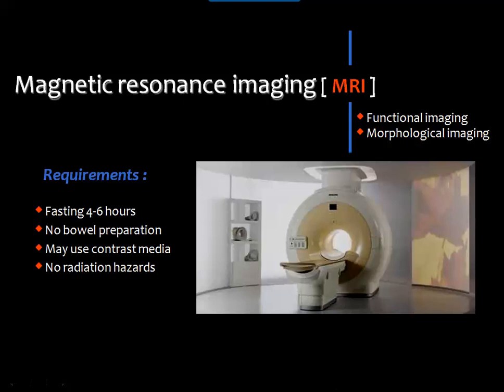Then we came to the MRI, and MRI may perform both functional and morphologic imaging. It may need some fasting. If you are going to inject contrast media, there is no need for bowel preparation, and there is no hazard of radiation.